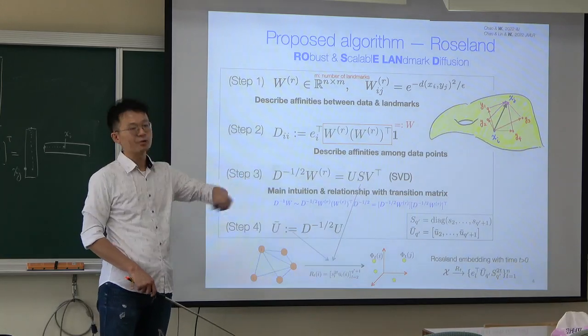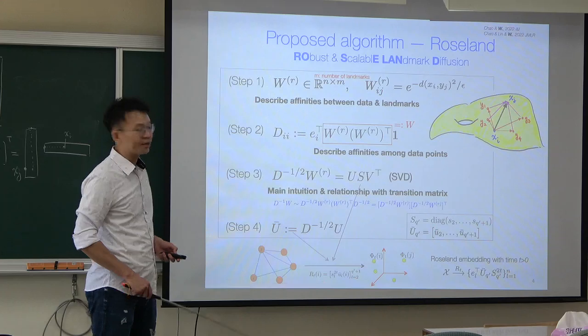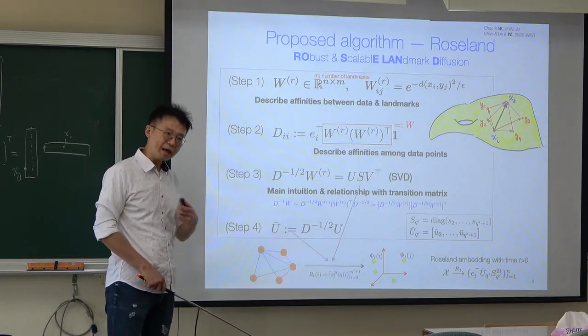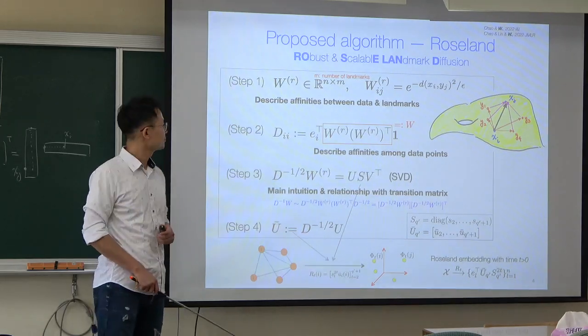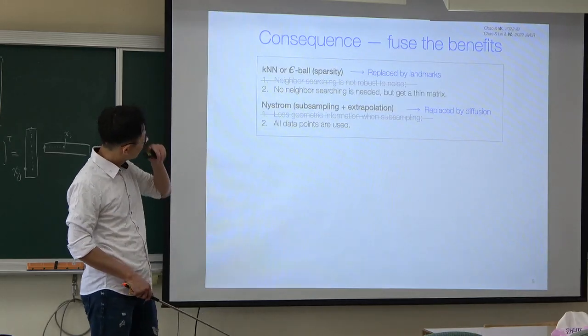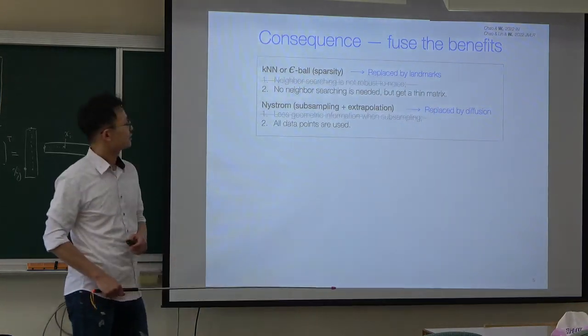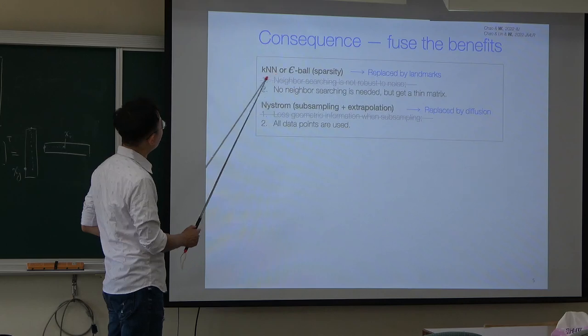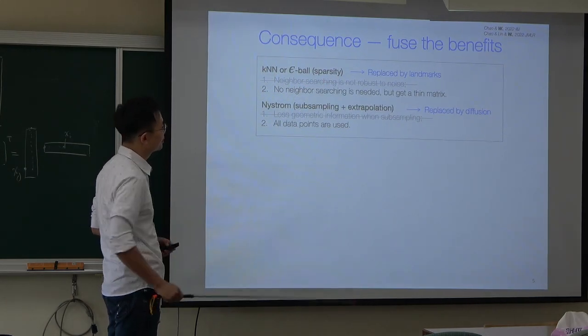And in the next lecture, we will talk about its theoretical properties. But right now, let's take a look at its benefit, at least on the intuitive level, and some numerical results. First, you somehow feel the benefits of the previously mentioned KNN and epsilon sparsity properties.